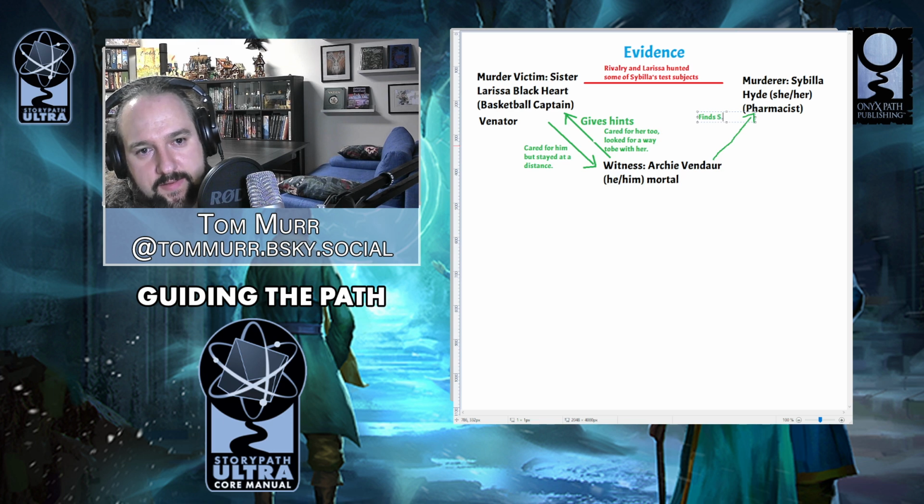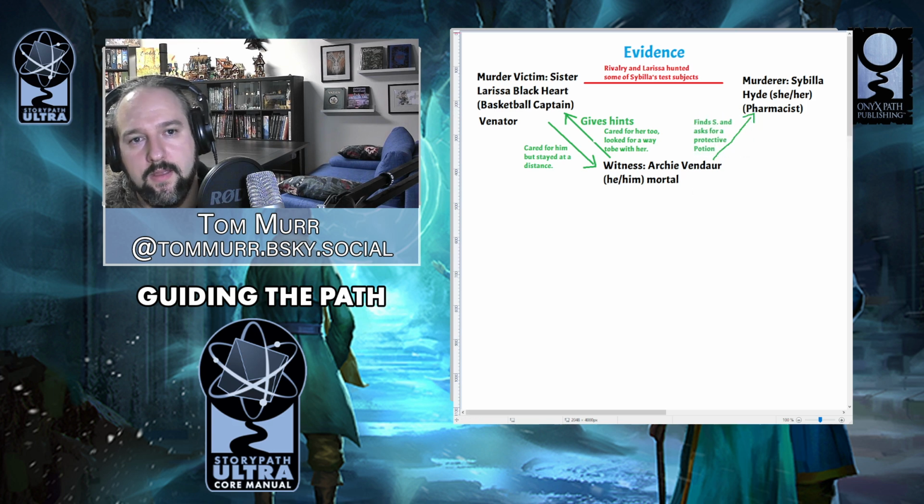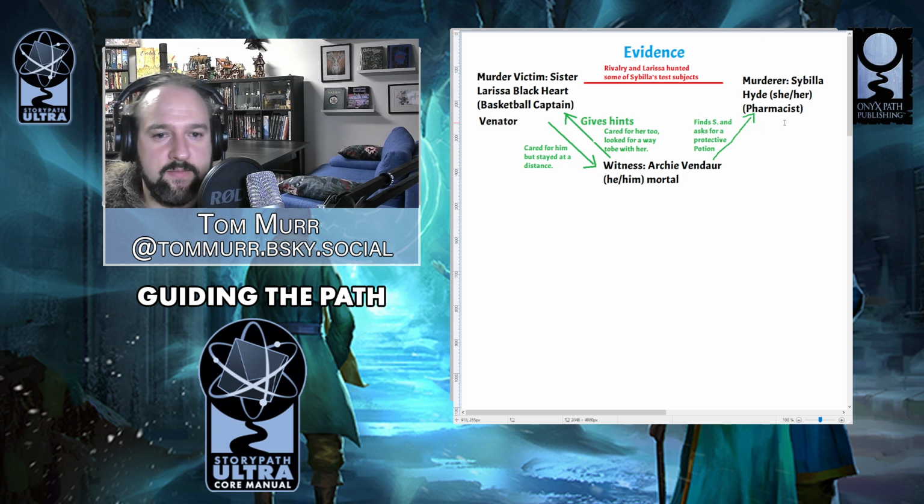Finds Sibylla and asks for a protective potion. Awesome. And Sibylla is very happy to help out. This is a great opportunity.